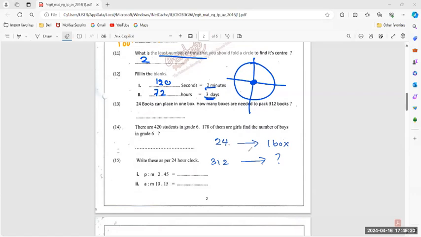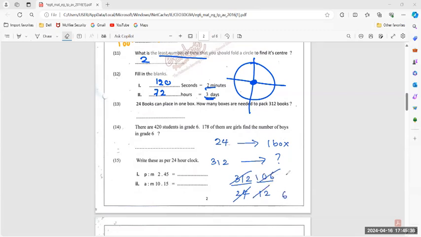So what you have to do is divide 312 by 24. How to divide? First divide it by 2, then that is 12 here, and here you have 156.